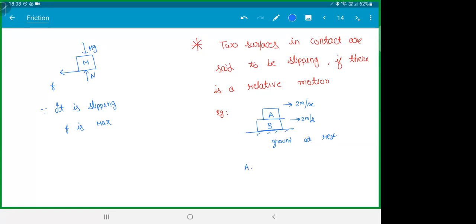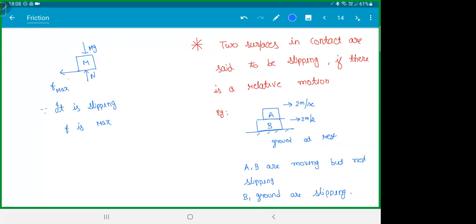A and B are moving, but not slipping. B and ground are slipping. So the misconception people generally have is that no slipping means it should be at rest. Not necessary. Clear? Now, since the ground and the block are slipping, this is F maximum.